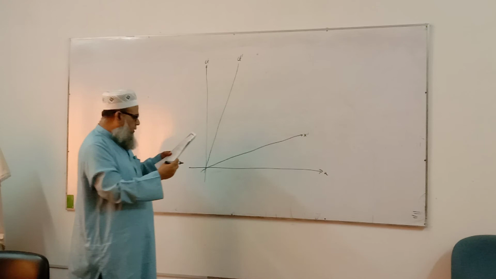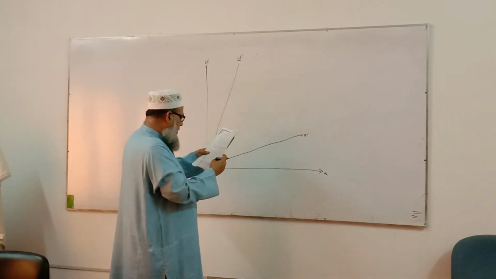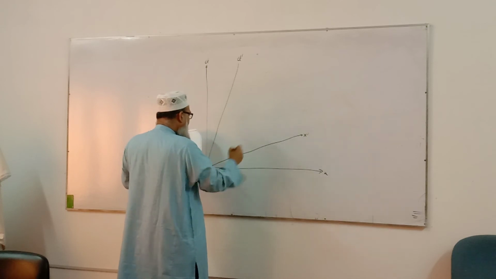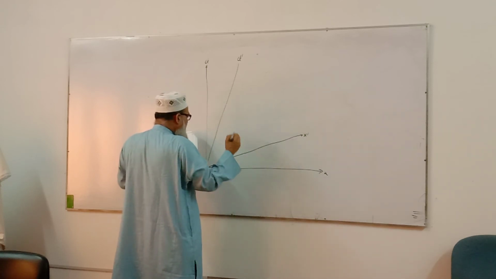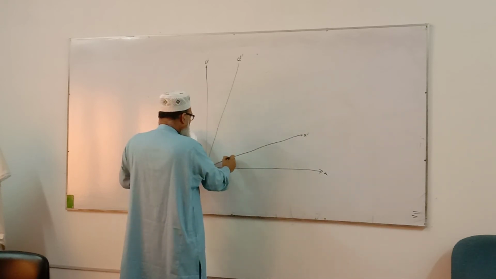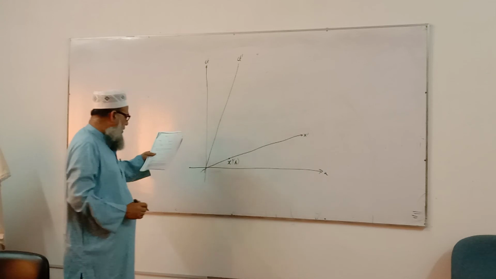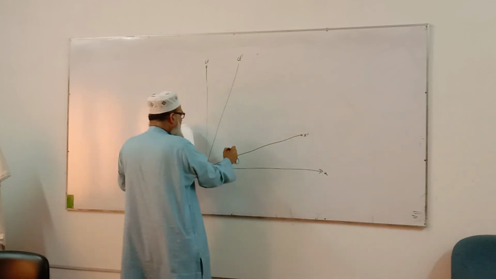Then the question is, say an event has coordinate x prime of A. This is x prime of A.